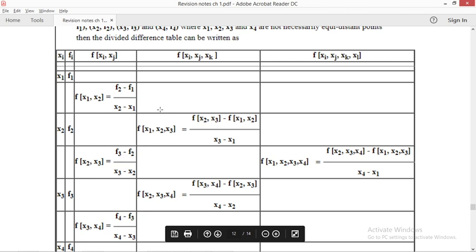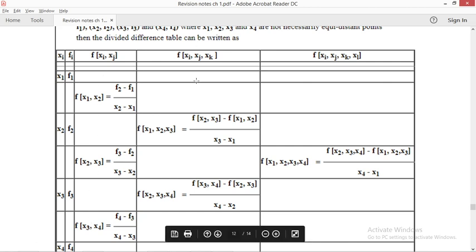So when we have a table, x1, x2, f1 and f2, all these four values are used to find out f of xi and xj. Over here, two variables are involved, which is x1 and x2. So we are using these two values to find out this column.